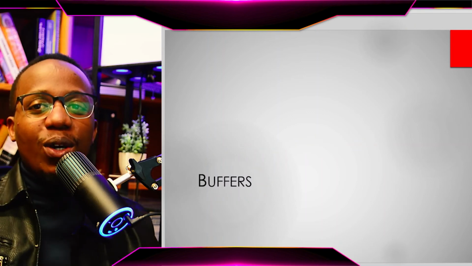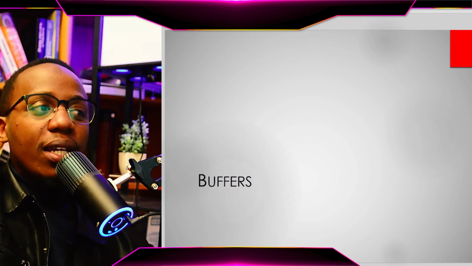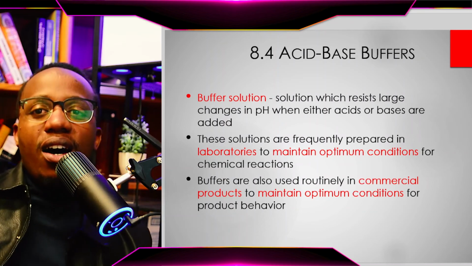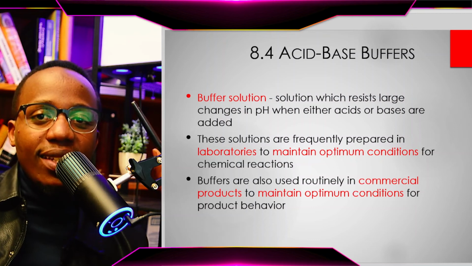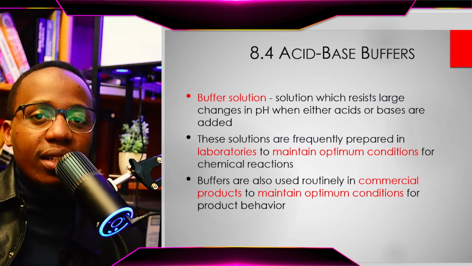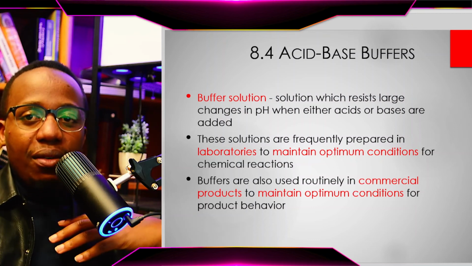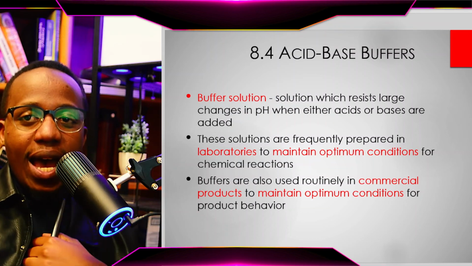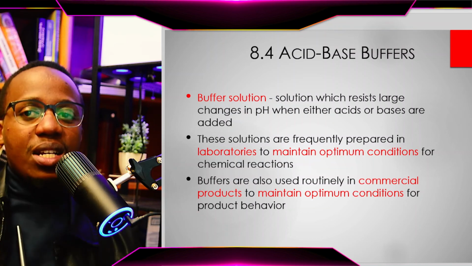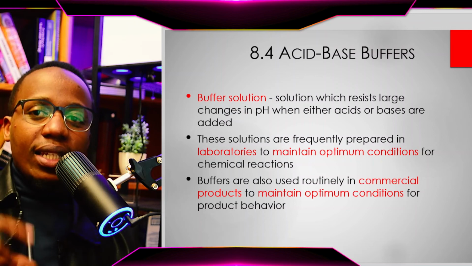Now let's talk about buffers. Buffers are really cool. Why? Because buffers are solutions that resist changes in pH. So it's a solution that you have, and you add an acid, it doesn't change pH. You add a base, it doesn't change pH.